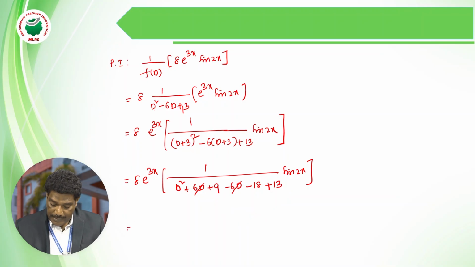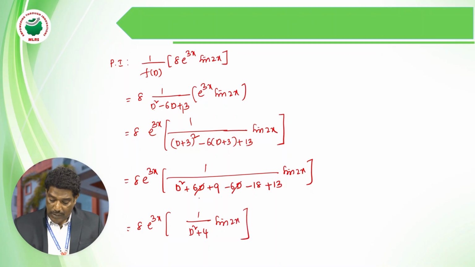So the remaining is 8 into e power of 3x into 1 by D square plus 4 into sin 2x. All simplifications are completed.